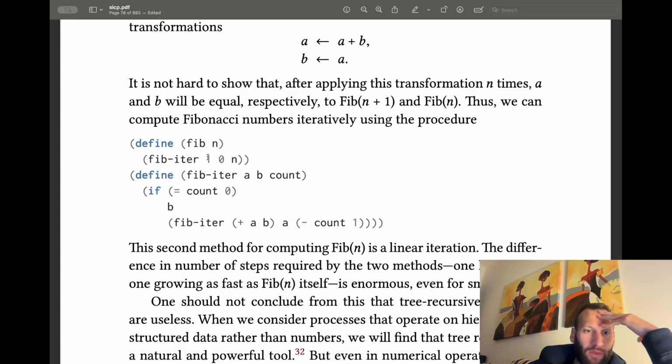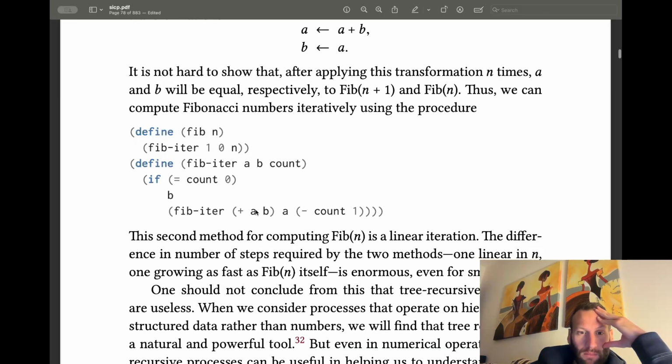Thus, we can compute Fibonacci numbers iteratively using the procedure fib-iter, where we have the two arguments a and b plus count, and if count is equal to 0, we stop and return b. Otherwise, we call recursively fib-iter.